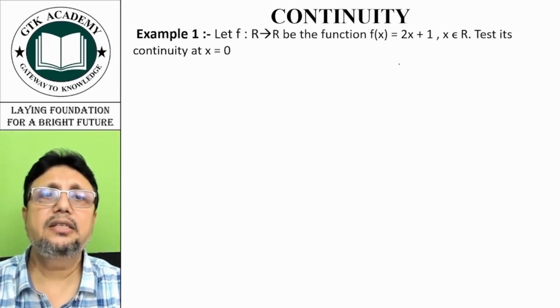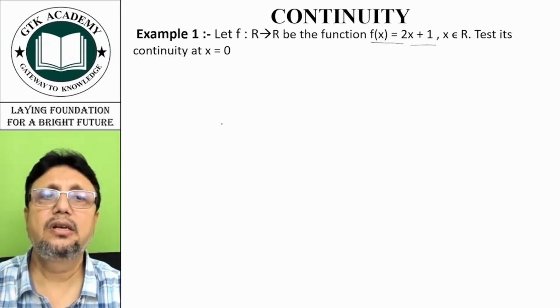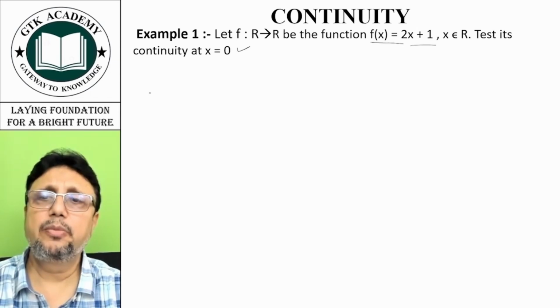We are asked: there is a function f(x) equal to 2x plus 1, where x belongs to the real numbers. We have to test its continuity at 0. What will we do? Simple.